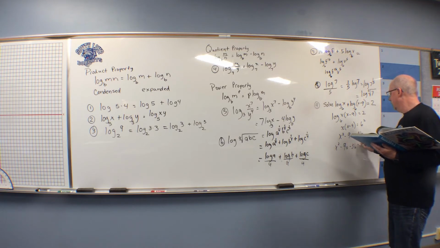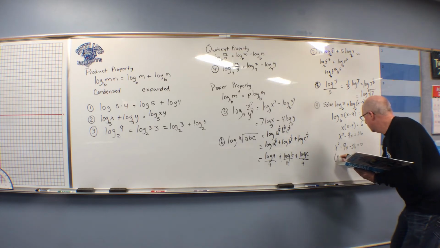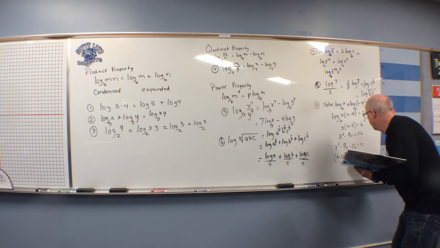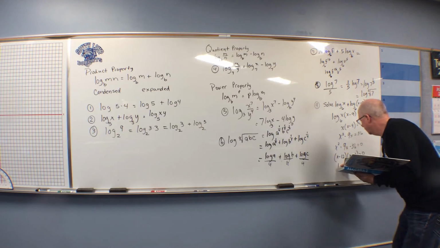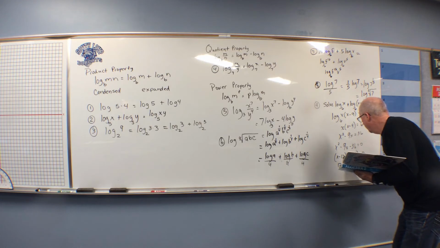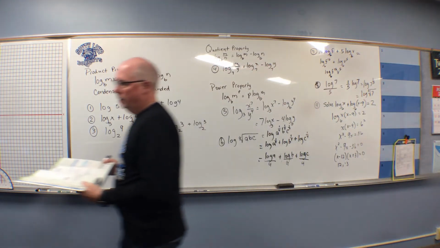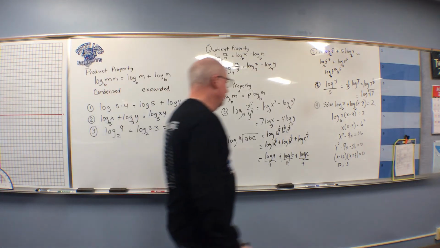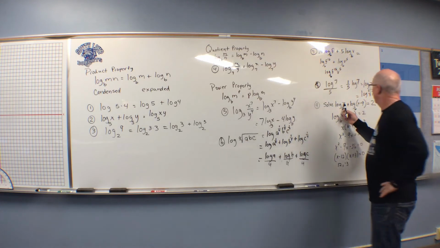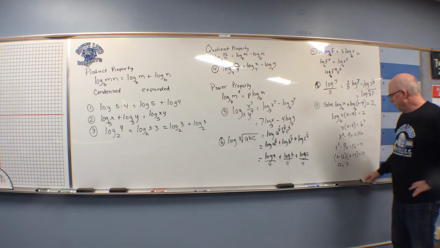Minus 36 equals 0, and I factor. This can be factored as x minus 12 times x plus 3. So there are two possible answers, 12 and a negative 3. Okay? Now, you can double check these values on your own. I don't have room to do it here, but if you put 12 back in here, you'll find that it makes a true statement.